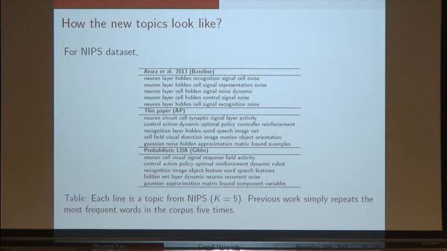And if I run the Gibbs sampling, it gives pretty good topics. One is about the neuron cell topic, or control theory, reinforcement learning, object recognition, speech recognition, neural network stuff, or Gaussian approximation stuff. And if we run the code in our algorithm, it's pretty similar to probabilistic LDA, even with this small number of topics.